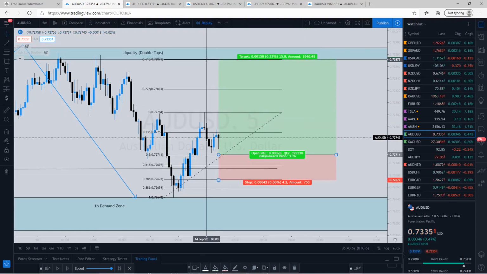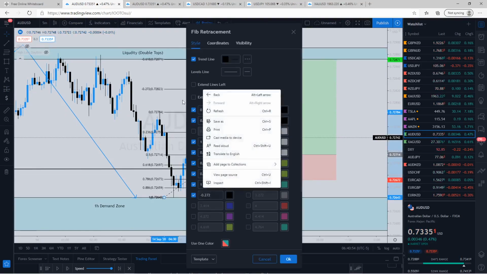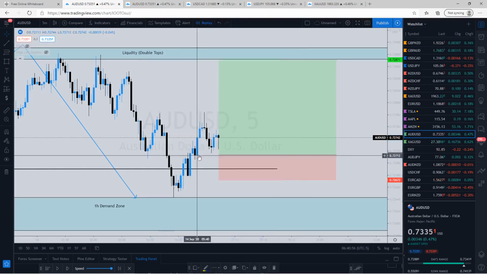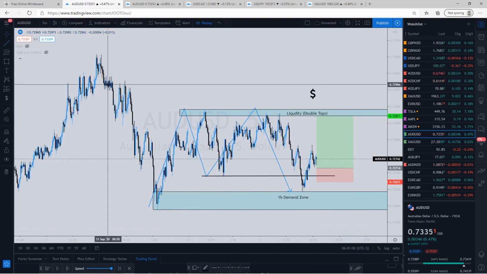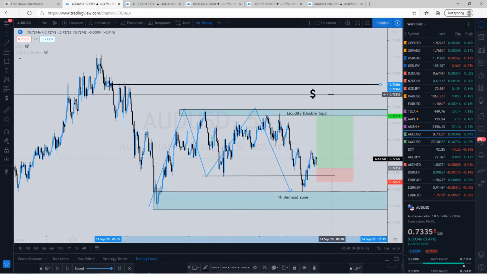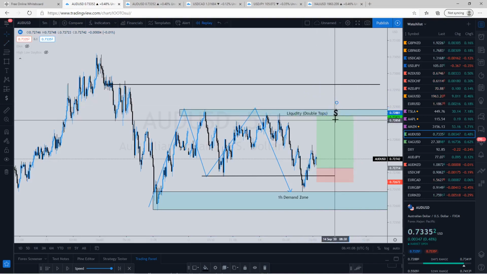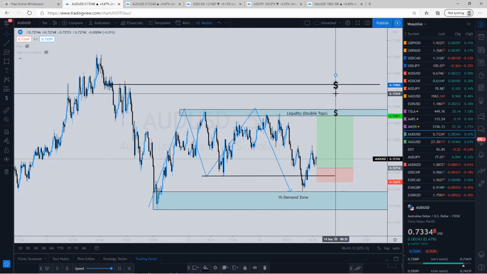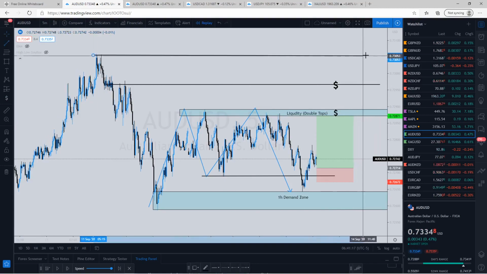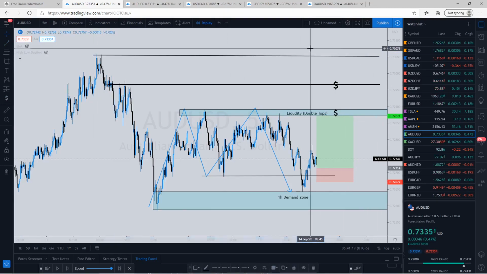Targets, first target is going to be the 618, and then aside from that target, you're going to want to look in the past, and you can even target these levels here, right? So this is going to be your first area of liquidity you're going to look to capitalize on, and then other liquidity is going to be over here, and then you can target this high as well if you really wanted to.